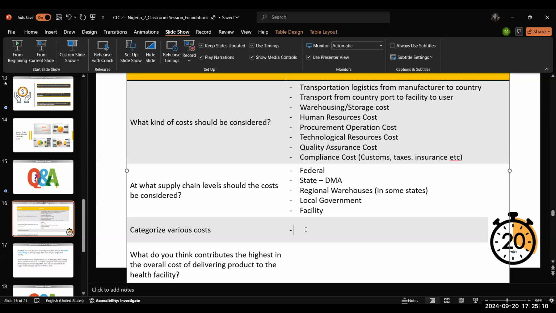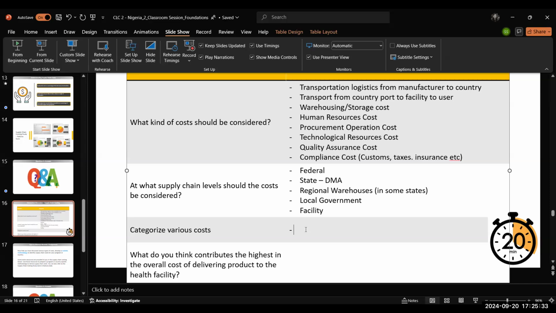Yes. When Festus raised the issue of the senatorial zones, every state in the country has three senatorial districts, and the DMA, the central medical store, is the one coordinating everything.